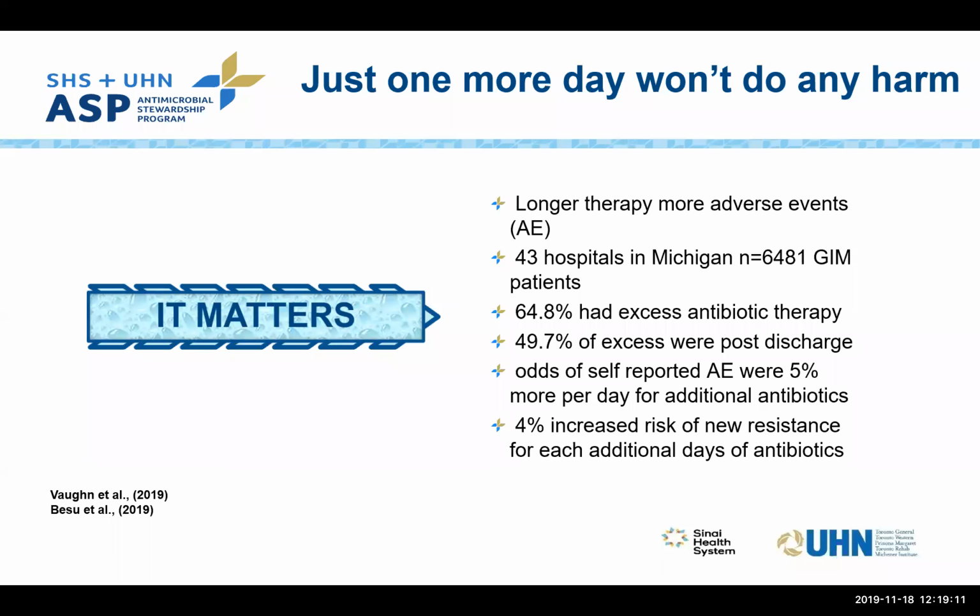In one of the studies, conducted in 43 hospitals in Michigan with a total of 6,481 GIM patients, they found that 64.8% of the patients had excessive antibiotic therapy, and 49.7% of patients who had excess antibiotic therapy had it done post-discharge.